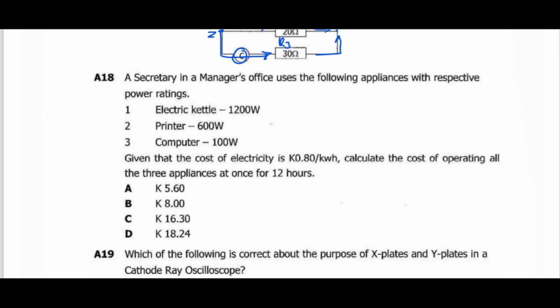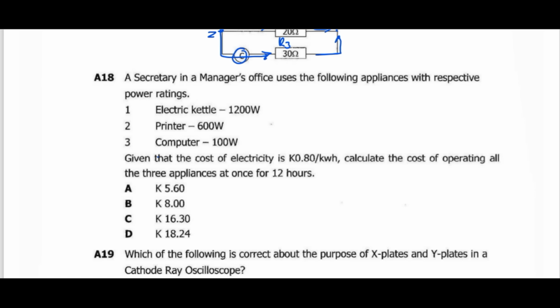Then we have question 18. A secretary in a manager's office uses the following appliances with respective power ratings: electric kettle 1200 watts, printer 600 watts, computer 100 watts. Given that the cost of electricity is 0.80 per kilowatt hour, calculate the cost of operating all the three appliances at once for 12 hours.